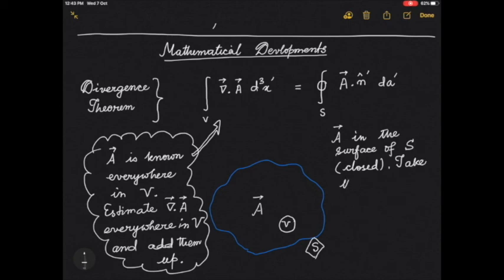Then you take the component of A normal to the surface.